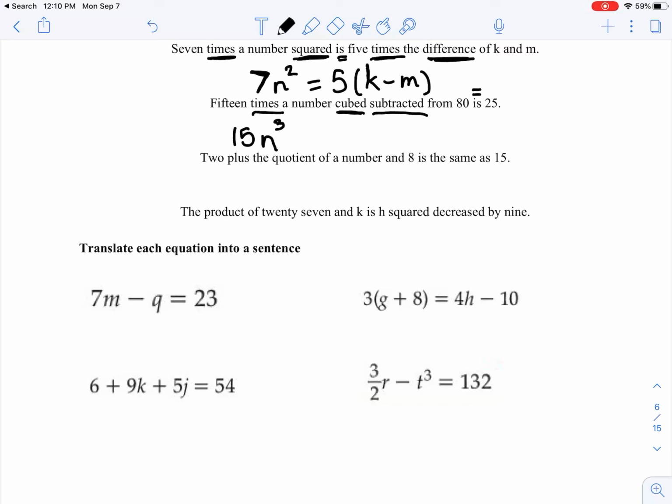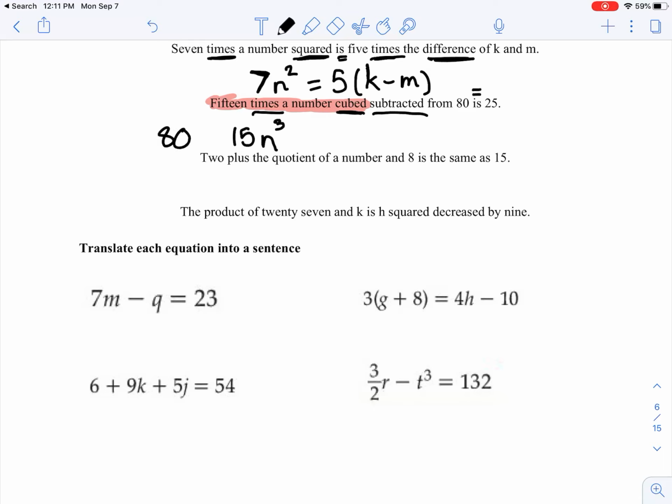15 times a number cubed subtracted from 80. So all of this stuff is getting subtracted from 80. Okay, all of that stuff is getting subtracted from 80, which actually changes things up. This isn't going to be the beginning of our equation.